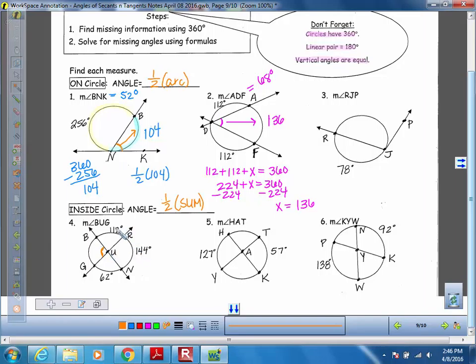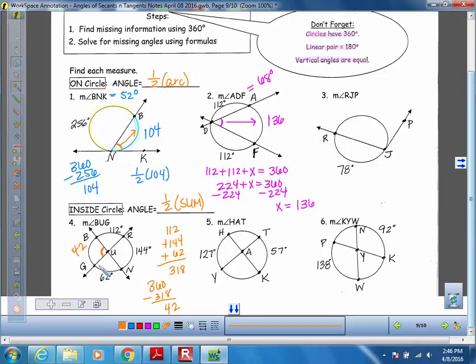Okay. So if I'm only missing 1, I can add the other 3 up and subtract from 360 and get my answer. So 112 plus 144 plus 62, that will give me 318. Then I can subtract that from 360 to get my missing piece, which is 42.